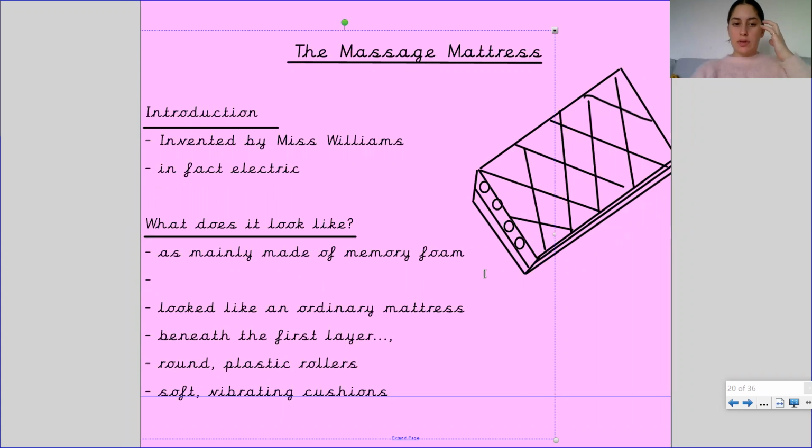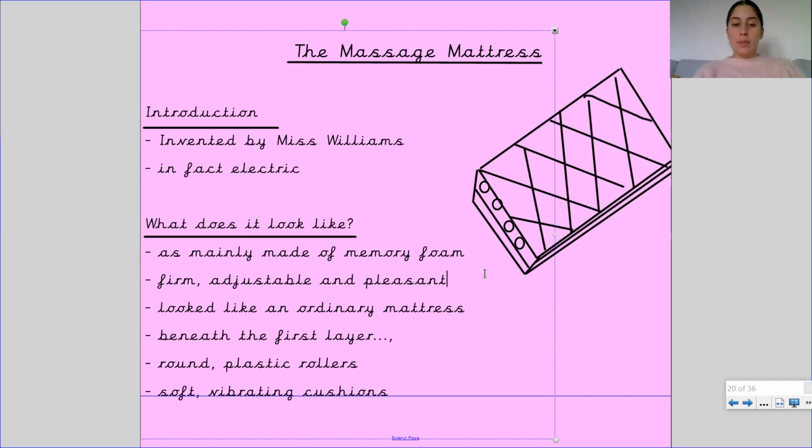I've thought about how to describe memory foam. So I know that memory foam is quite firm. And I know that based on the shape of your body, the foam adjusts to your body. So adjustable. And I know that it can feel very comfortable. So I've thought about another word rather than using comfortable. So, pleasant.